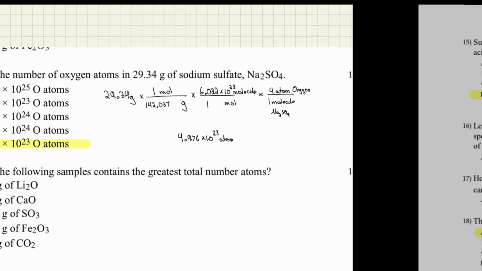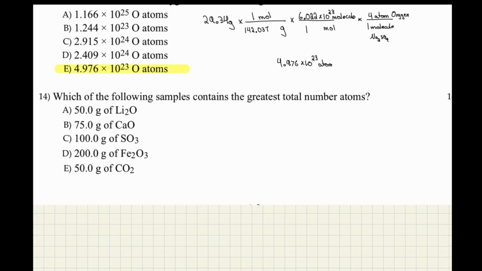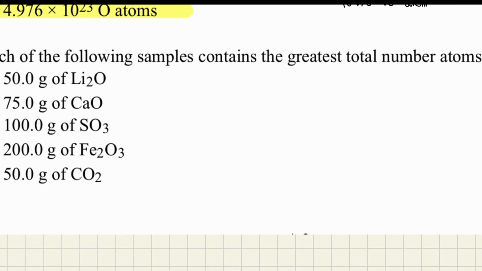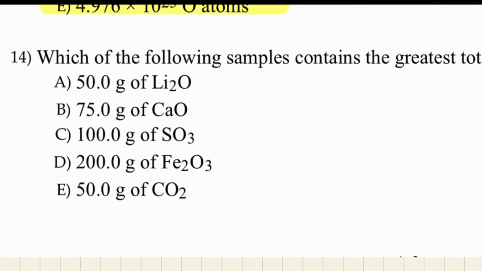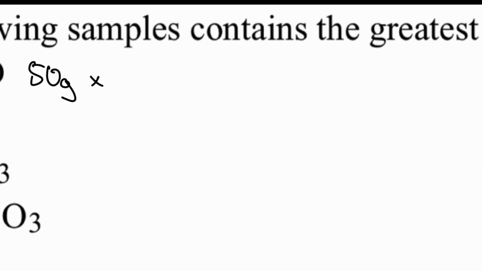that is our answer for this. Now we're gonna go to number 14. So we're given grams, and we want to figure out which one has the most number of atoms. So the way you want to do this, as the professor showed us in one of those trick questions, is you start off here, and let's first get out of grams.